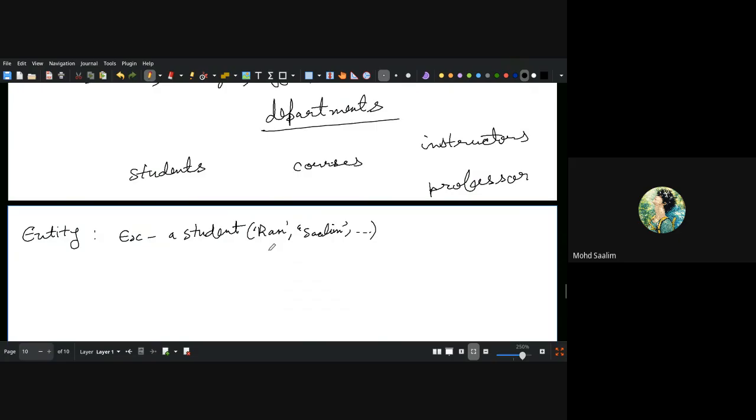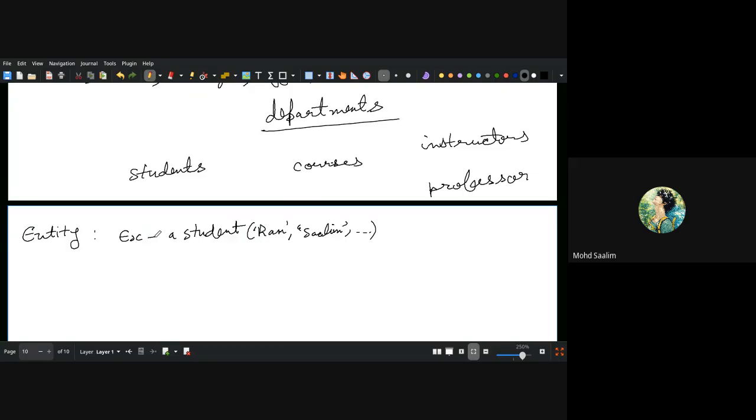So out of all the students present in my organization, in my school, in my college, if I just pick a single student, this student can have different attributes. No debate on that. According to our organization rules, this student can have roll number, name, gender, age, marks, and so on.